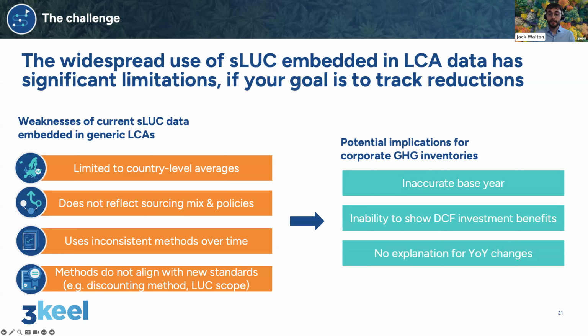And then crucially, you can't reflect any deforestation and conversion-free investments that you're making, such as by buying certified commodities, in your greenhouse gas inventory, because of those assumptions that are fixed within the emission factors that you're using. So this means despite the fact that you might be paying for some certified commodities, you're currently unable, using these industry methods, to reflect these in your greenhouse gas inventory.